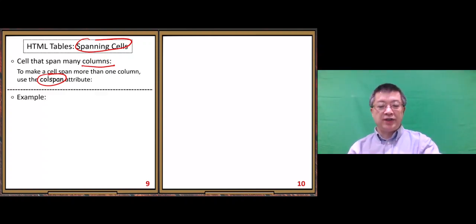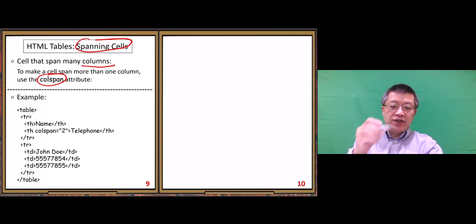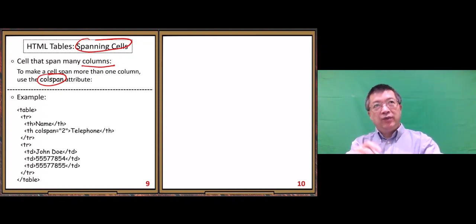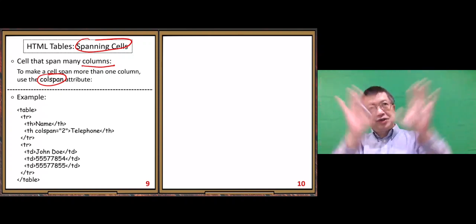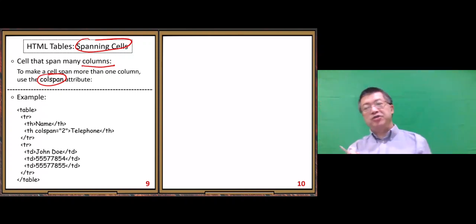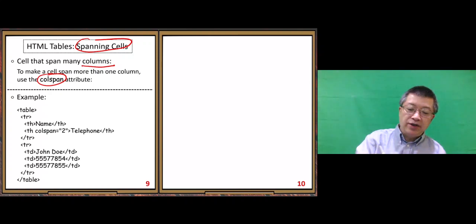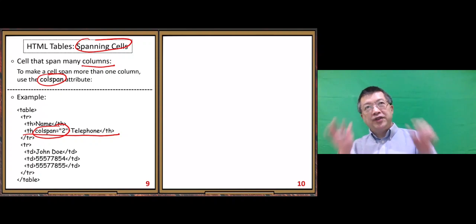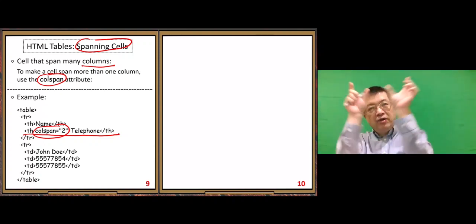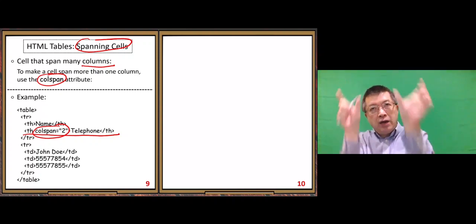So let me show you one example. In this example, we do the usual arrangement for rows, columns, but one place is special. In this cell, table header cell, this one, colspan 2. This cell needs to occupy 2 columns.